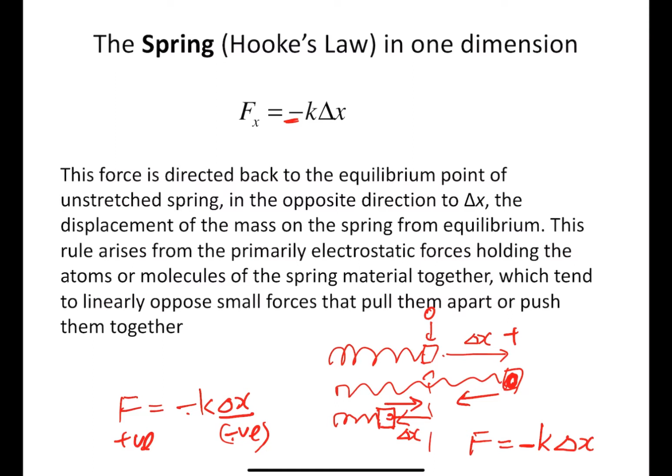So it doesn't matter which side you push. The negative here just means the force and displacement are opposite to each other. All right. So the negative sign is not mathematics, it's physics. Can you see it? It tells you the two quantities are always opposite to each other.